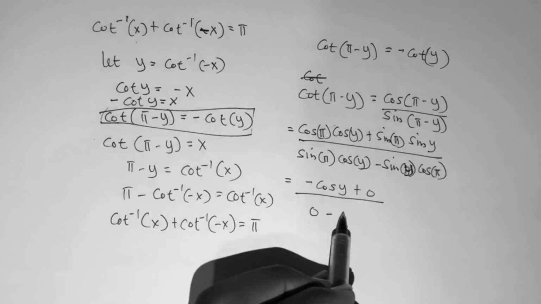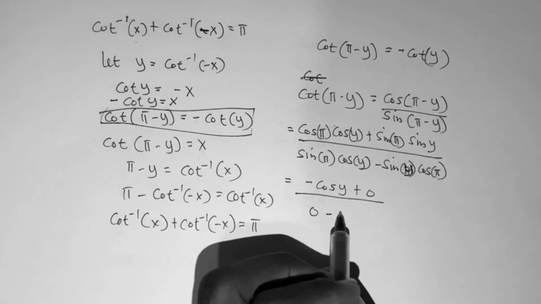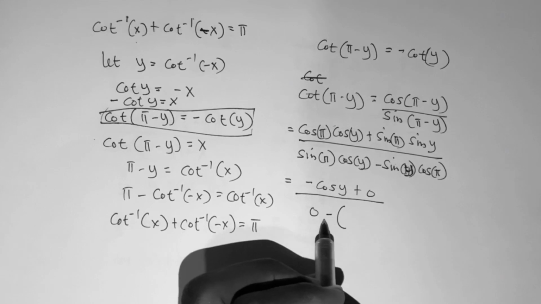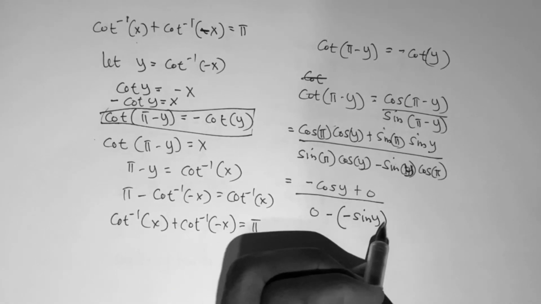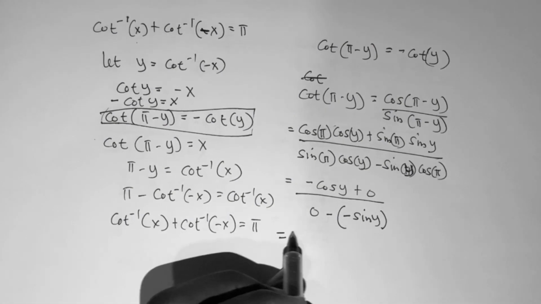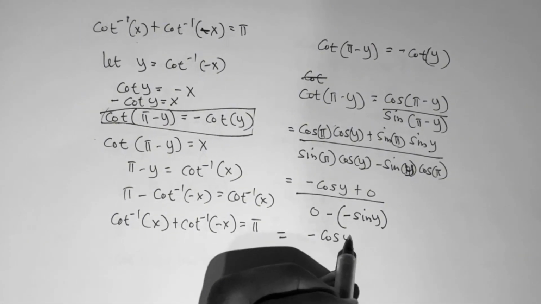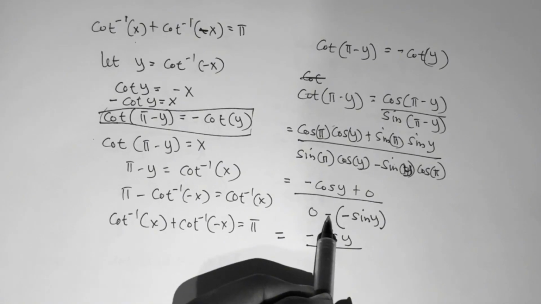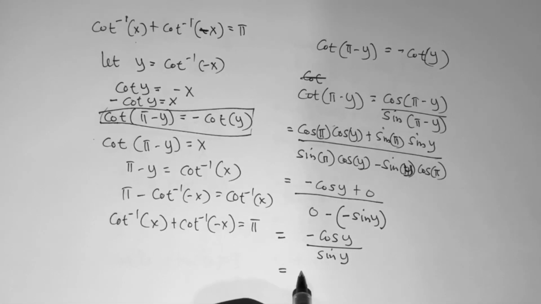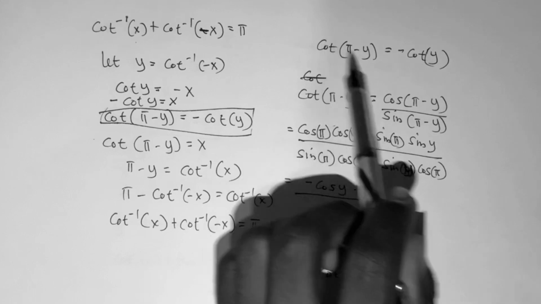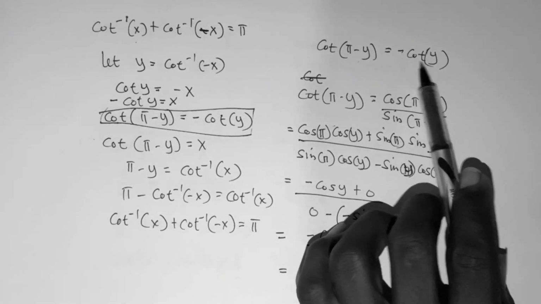But cos pi is minus 1, so it becomes plus sine y. So this is equal to minus cos y divided by sine y. And cos y divided by sine y is cot. So this becomes minus cot y. So therefore, it is true that cot of (pi minus y) is equal to minus cot y.